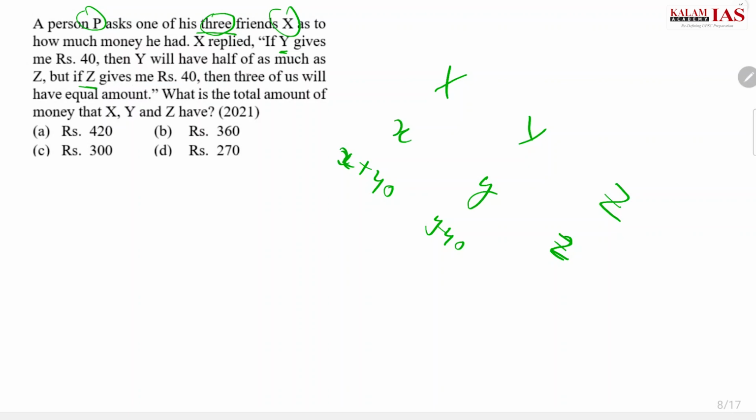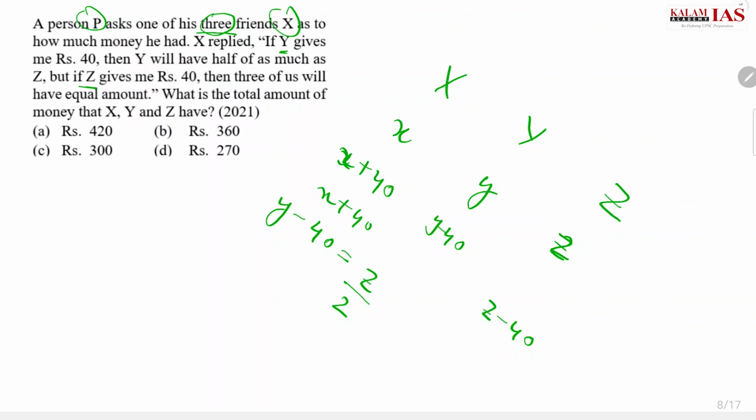Then Y will have half as much as Z. So Y plus 40, Y minus 40, since Y has given 40 rupees to X, he will have half as much as Z. But if Z gives me 40 rupees, so Z is giving 40 rupees to X, in that case X will have X plus 40.